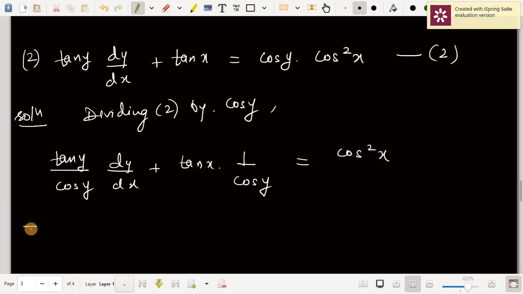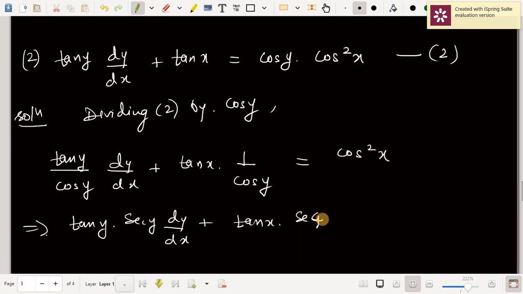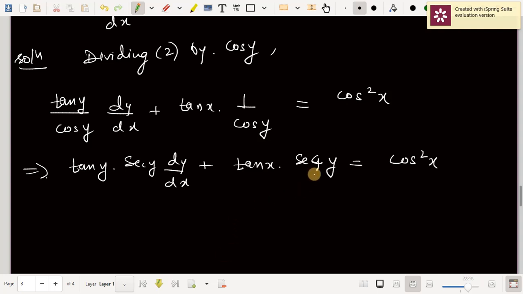Now same equation can be written in terms of tan y. I'll write down this 1 by cos of y as sec of y dy by dx plus tan x into sec y is equal to cos square x. Now just look at this sec y.